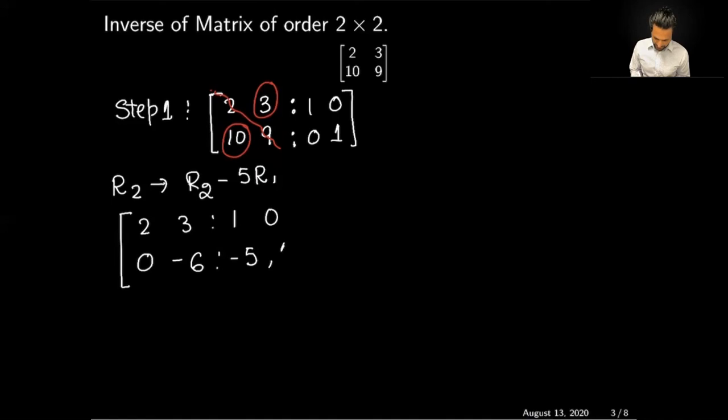This will be just 1. Now the next operation will be on R1, to eliminate 3, which will be R1 plus 1/2 times R2. This operation will eliminate the entry 3.